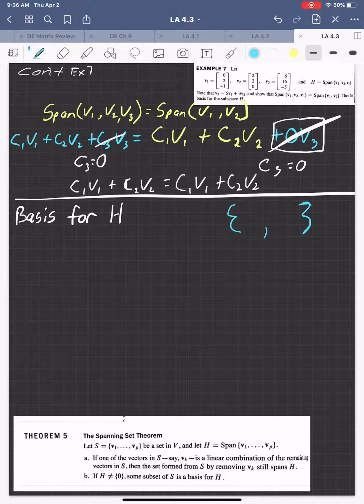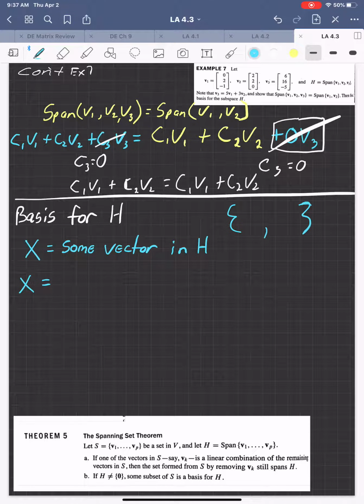But let's assume that x is some vector, some point that's actually in subspace H. Since I'm trying to show what the basis would be for H, I'm going to take x and set it equal to c sub 1 times v sub 1 plus c sub 2 times v sub 2 plus c sub 3 times v sub 3.